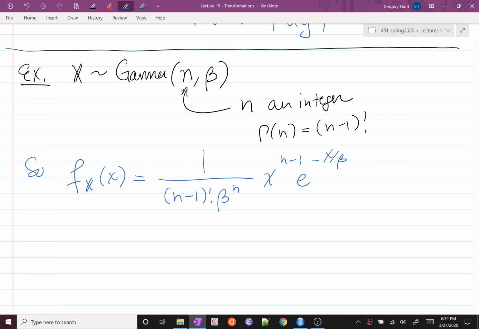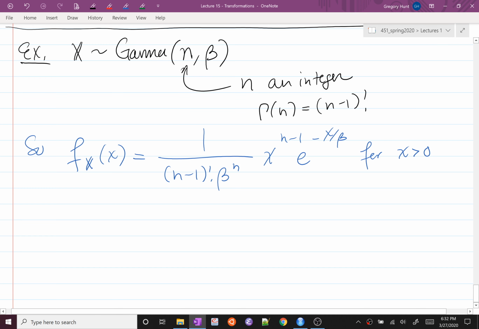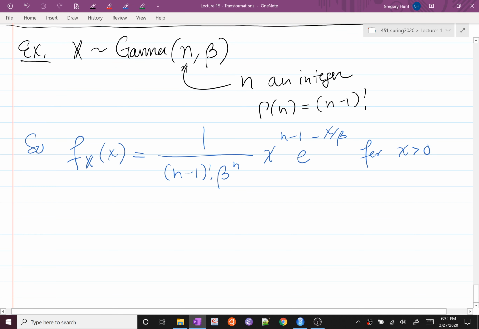And if we go back to our definition of the gamma distribution, we see that this is exactly what we get if n is an integer. Instead of gamma of n, we get n minus 1 factorial. And let's look at what happens if we invert x. So consider y to be equal to 1 over x.